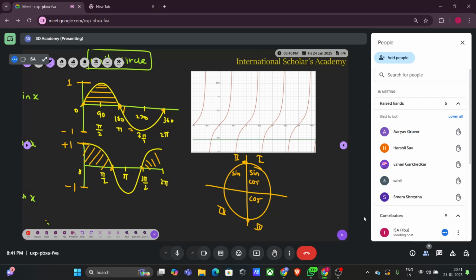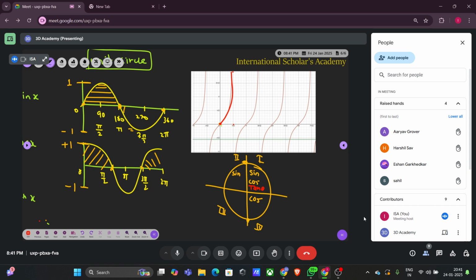ठीक है? Very good. Now let's look at for tan. Abhi tan is nothing but ratio of sine and cos. If you look for tan का minimum value, for 0, tan is 0. For pi by 2, tan is going till infinity. So it is positive in first quadrant. Tan is positive in first quadrant.